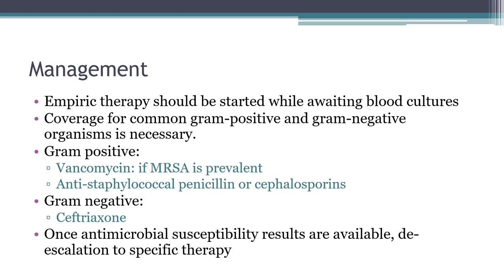For gram-negative organisms, we can use ceftriaxone, or we can even use meropenem, such as in our case when we wanted to cover for ESBL. Once the antimicrobial susceptibility results are available, de-escalation to specific therapy can be done, which is exactly what we did in our case.